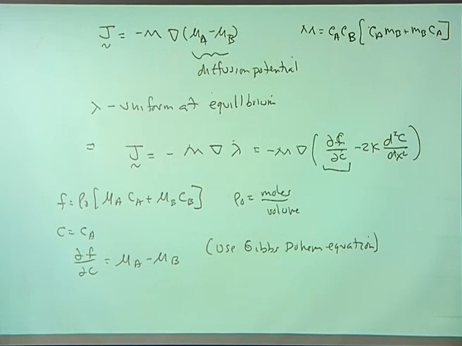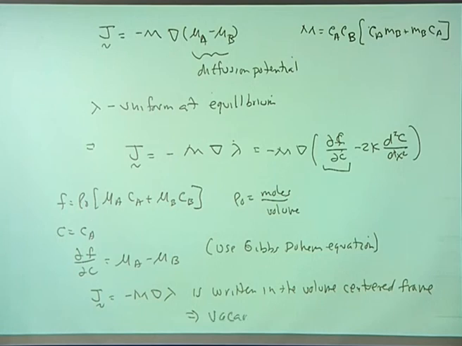And so the assumption is that J tilde, lambda is written in the volume-centered frame, which implies that the vacancies are always at equilibrium.